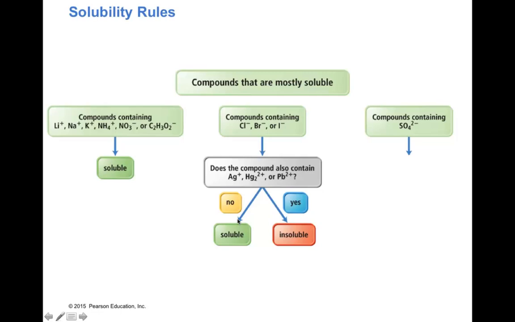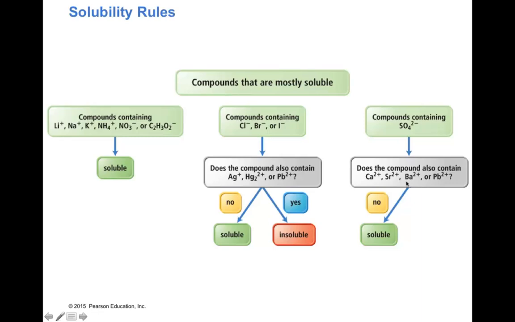And for compounds with sulfate, you need to check if they are in combination with calcium or any of these cations. If they don't have that combination, they are soluble. But if they have any of those cations, that compound must be insoluble.